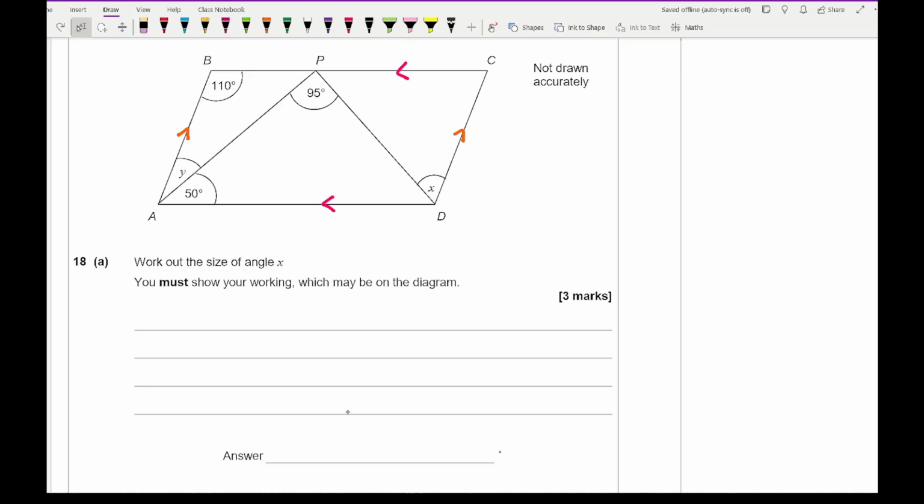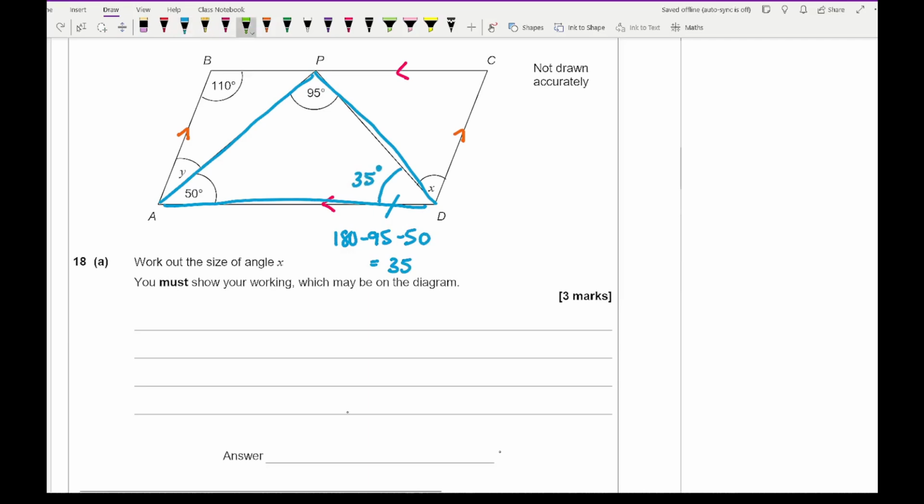We're looking for corresponding angles, alternate angles, opposite angles, etc. First off the bat, I can work out what this angle here is, because angles inside a triangle add up to 180. So this angle here is going to be 180 minus 95 minus 50, and that gives me an answer of 35 degrees.